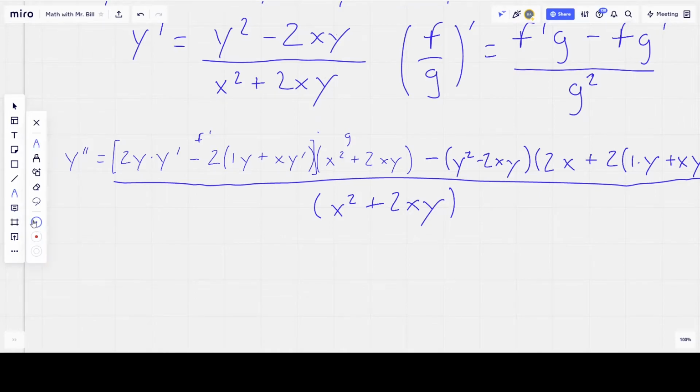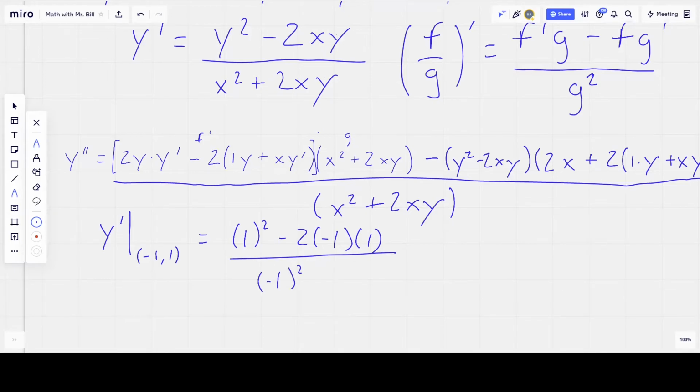So y prime, first off, at the point negative 1, 1 is equal to 1 squared minus 2 times negative 1 times 1 all over negative 1 squared plus 2 times negative 1 times 1.